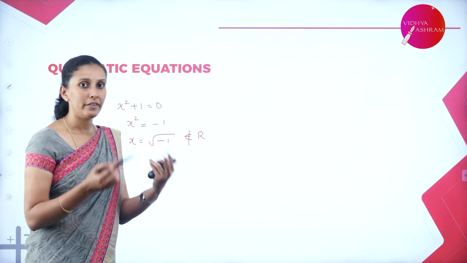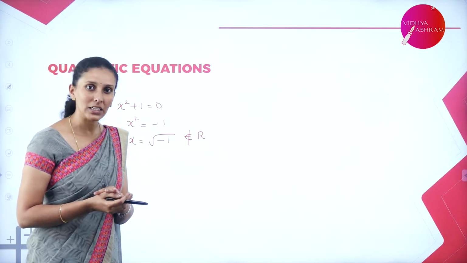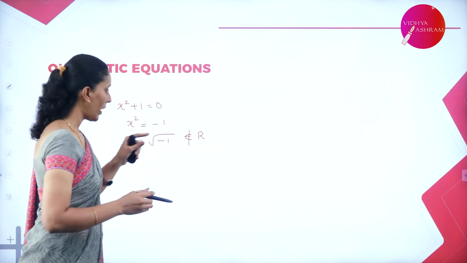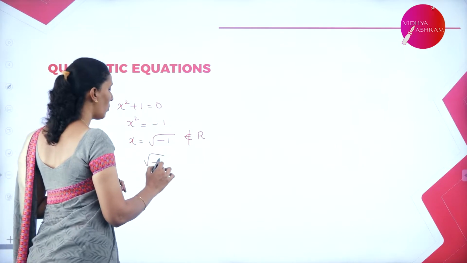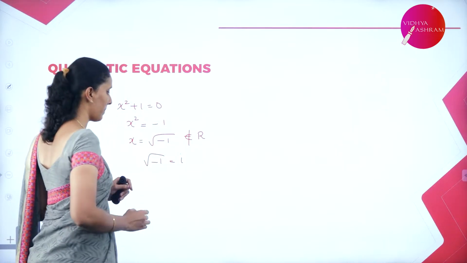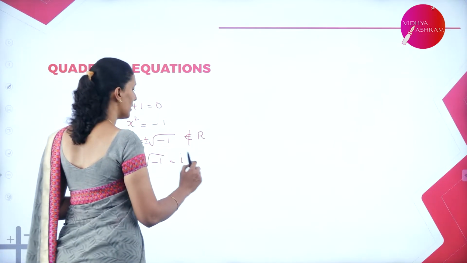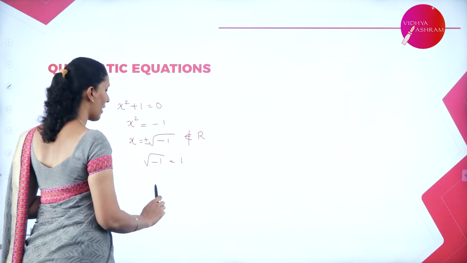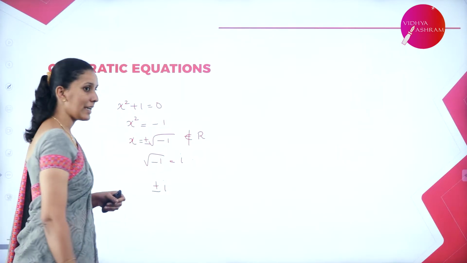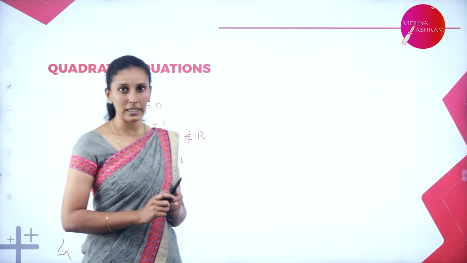So thus we don't have any real solution for this type of equation. Then obviously we have another system, that is the set of complex numbers, where we have written root of minus 1 as i. So plus or minus root of minus 1 means here for this equation we have plus or minus i as the solution for the quadratic equation.